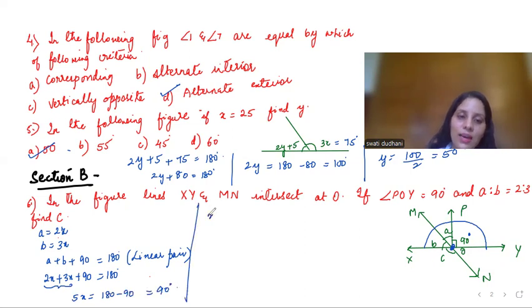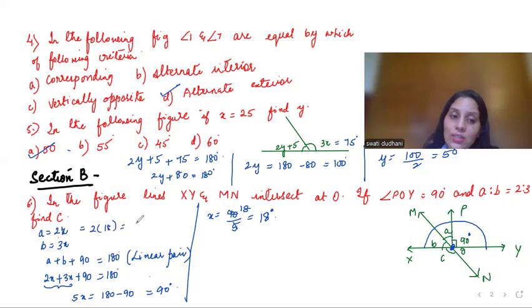So from this, x is equal to 90 by 5. So 5 ones are 5, 4 and 5 eights are 40. So x is 18 degrees. So from this we can get the value of A, which is 2 into 18, which is 36 degrees, and the value of B, which is 3 into 18, 54 degrees.